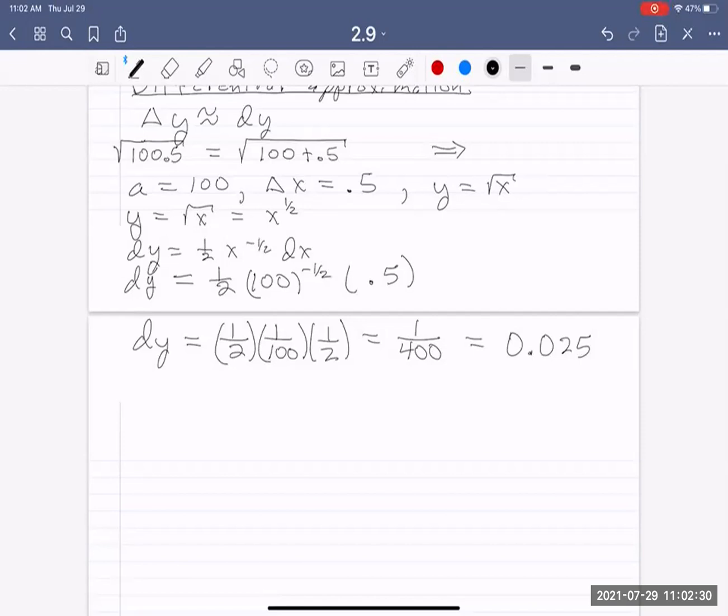Okay, so since delta y is approximately dy, then I have that delta y is approximately 0.025.